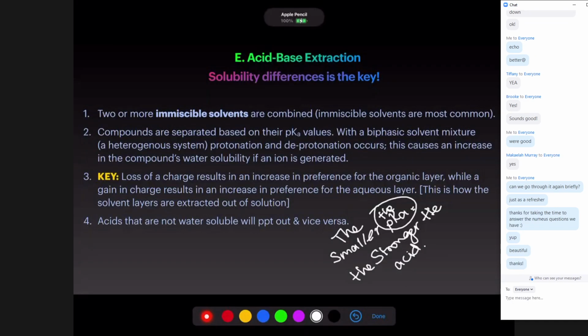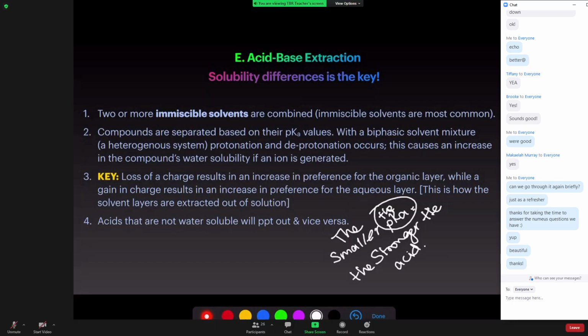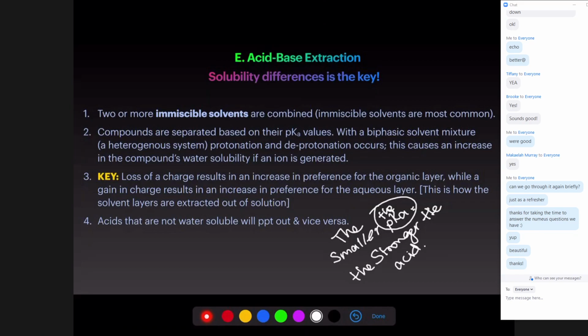Okay, so here are the steps for acid-base extraction. So 2 or more solvents that do not completely mix together, which is immiscible, are combined into one beaker container. And then compounds are separated based on their pKa values.